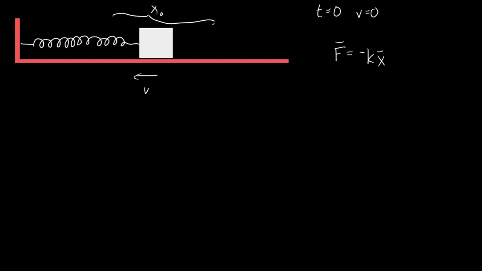The first is that a restoring force is always in the opposite direction of a displacement. Second, a restoring force is in some way proportional to the displacement. So the more you displace something, the bigger your restoring force gets.